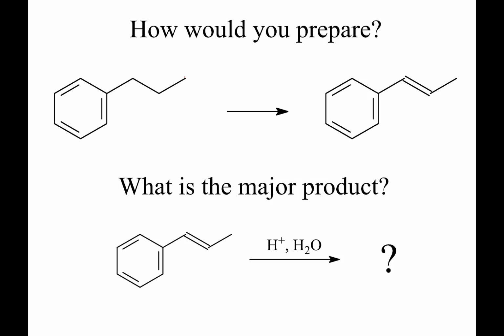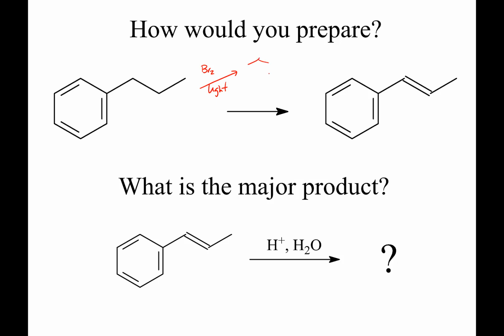Because I still want this propyl group to be intact. So KMnO4 is out. What other reaction do I have that I can do with an alkyl group on a benzene? Free radical halogenation. So let's say that I react this with Br2 and light.